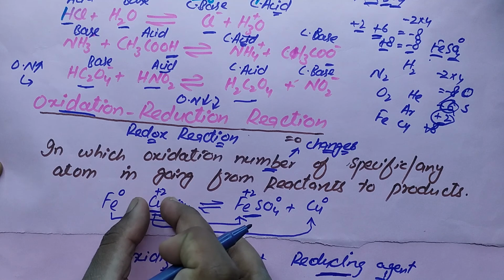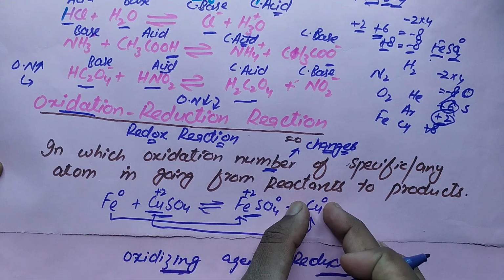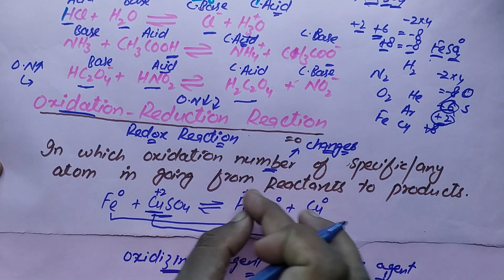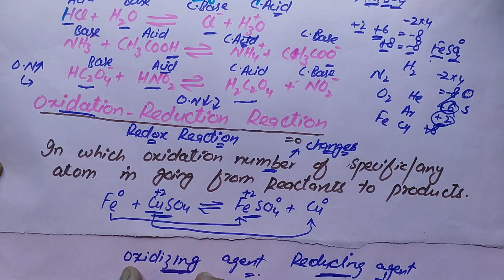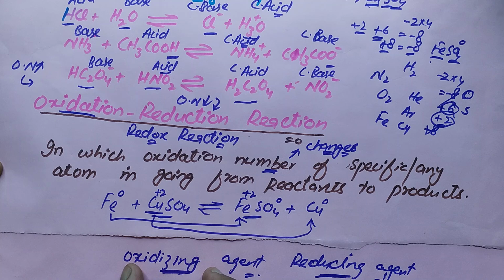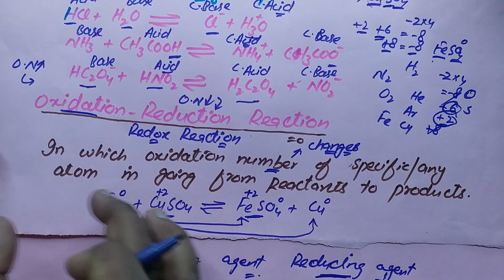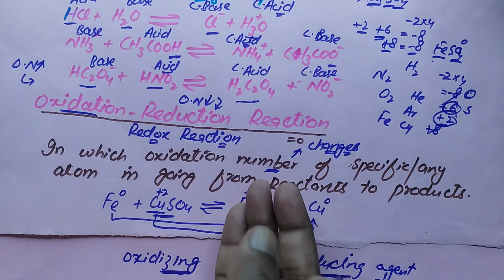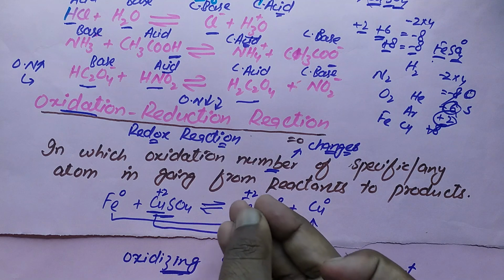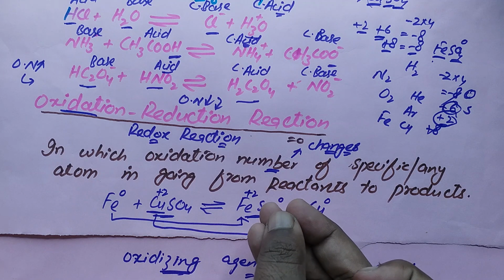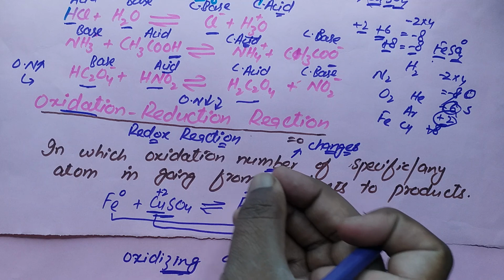The species which is reducing itself is oxidizing the other, and that is called an oxidizing agent. So these are the concepts of oxidation reduction reaction, oxidizing agent and reducing agent. Clear? Thank you.